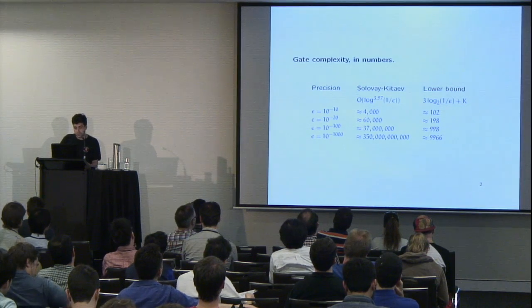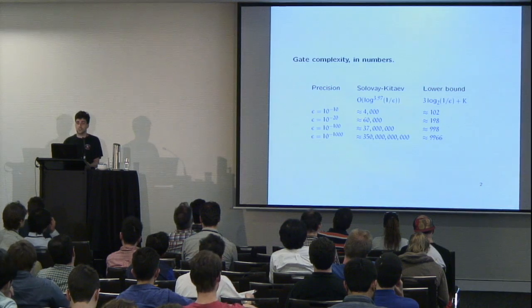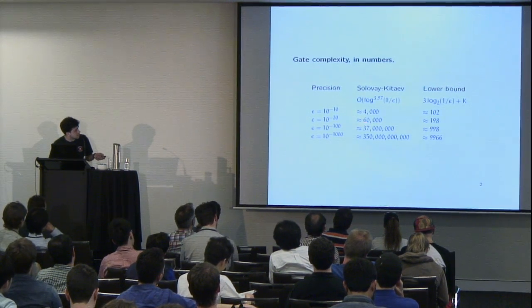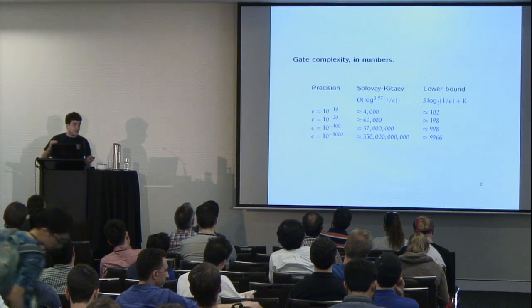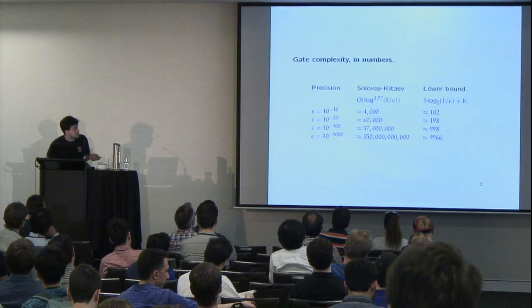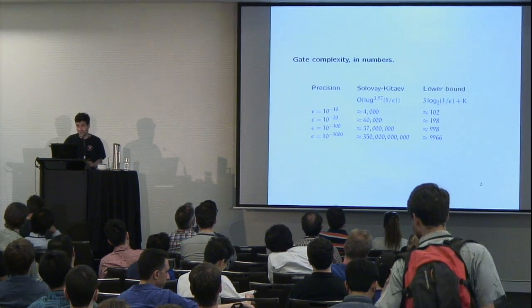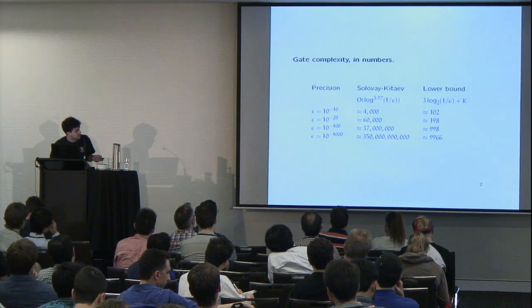So if you wanted to approximate a given unitary up to precision 10 to the minus 20, say, you'd need about 60,000 gates. And if you wanted to approximate a unitary to precision 10 to the minus 1,000, for some reason you really want to be extremely precise, then you'd need this many gates.